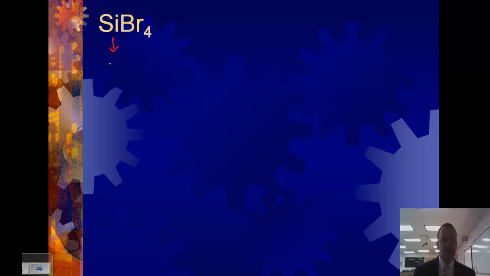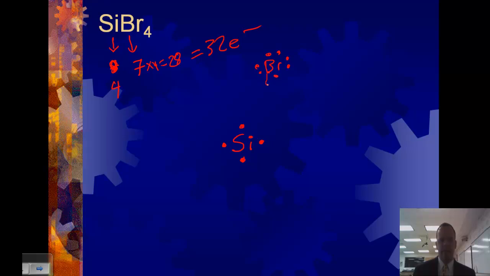SiBr4. Here we have silicon, which has 4 valence electrons, and bromine, which has 7 times 4, 28. So we have a total of 32 electrons to work with. I'll start with the first atom I was given. I'll keep that as my central atom. I know I need bromine. Bromine, you'll notice, has 7 valence electrons, so it has a space for 1 in each bromine.